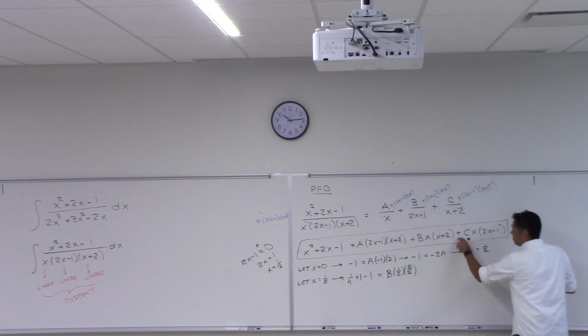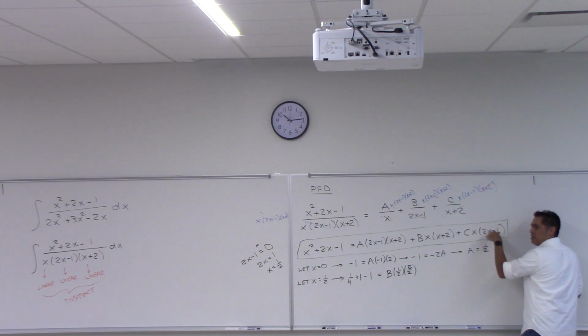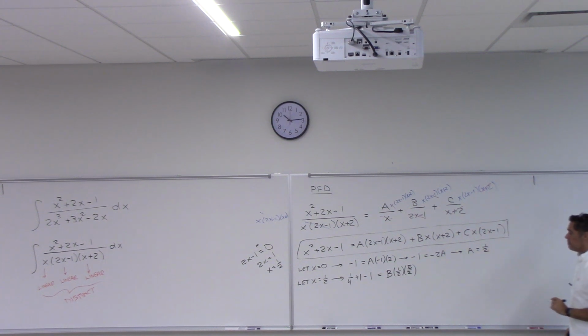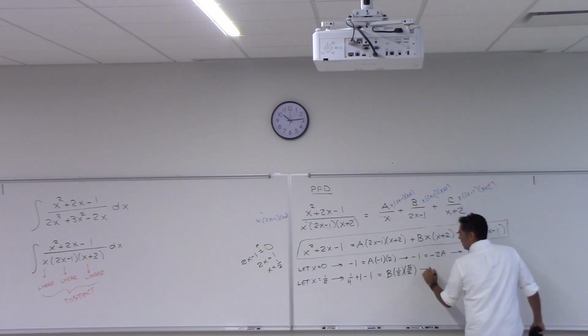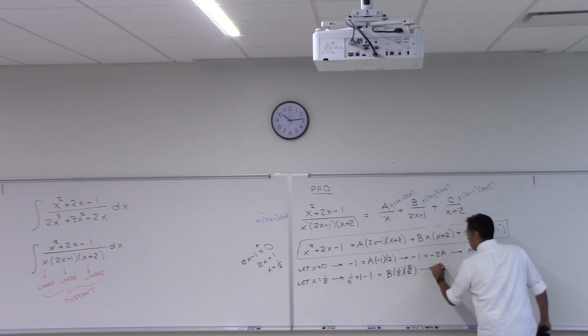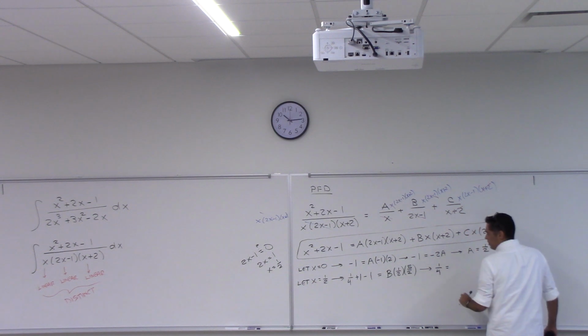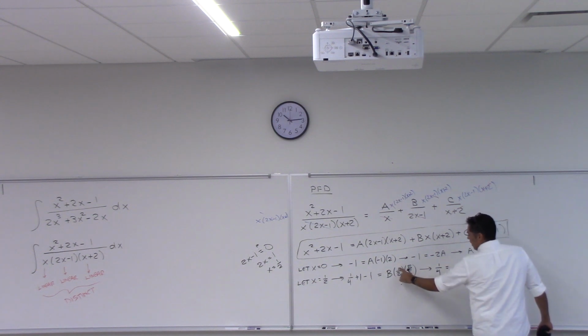And then plus, when we plug in 1/2, we already know that this is going to go to 0, isn't it? So that's all we have, right? So that becomes, let's see, the 1's go away here. We just have 1/4 equals, all right, this is multiplied across 5/4 B.